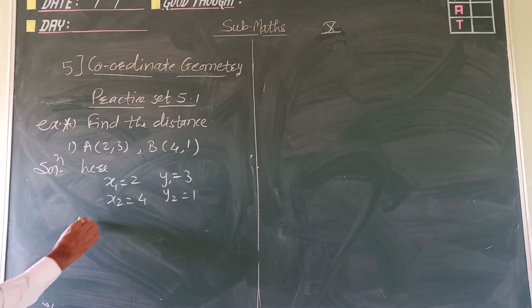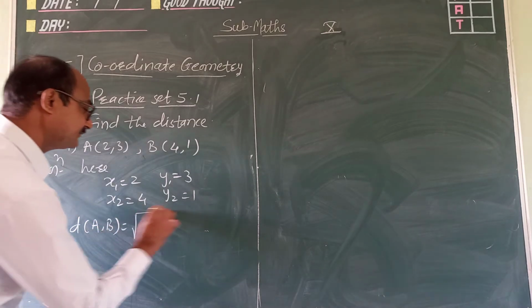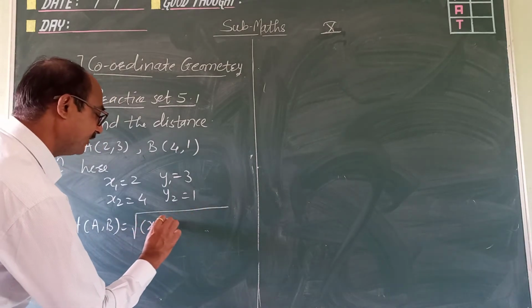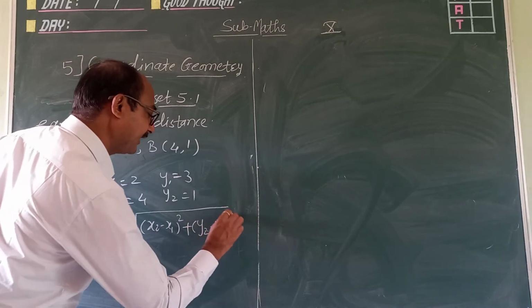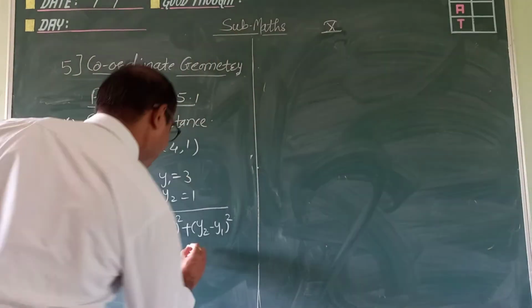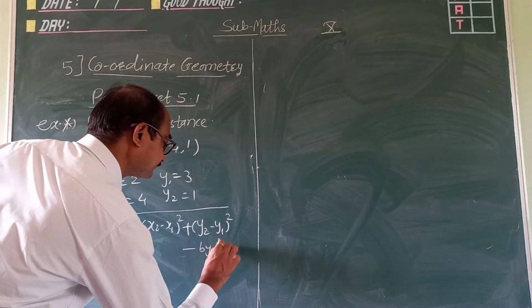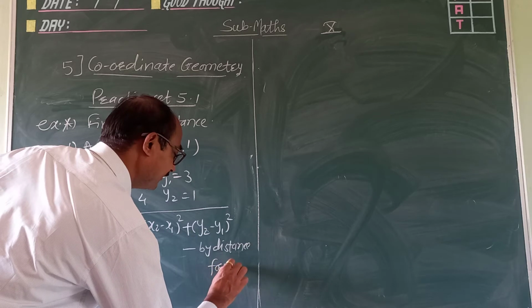Then we know, for distance AB you have to apply the distance formula: under root, x2 minus x1 bracket square plus y2 minus y1 bracket square. How did we write this? By using the distance formula. So here also you can write the reason: by distance formula.